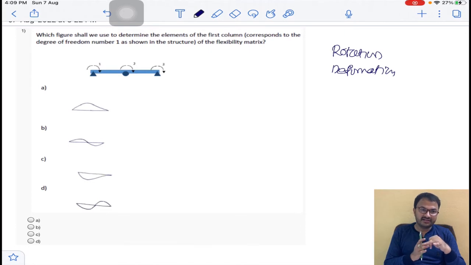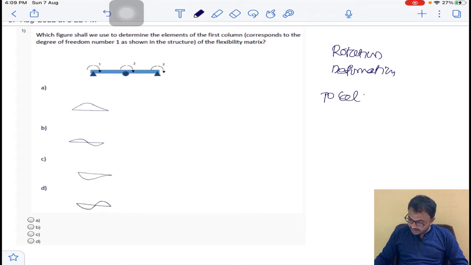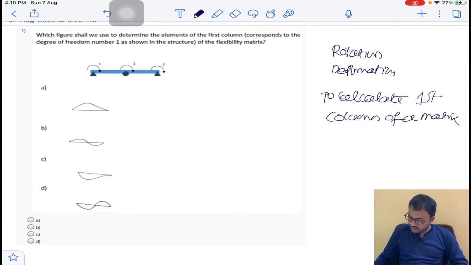And we need to calculate all the forces, moments or reactions developed at coordinate 1, coordinate 2, coordinate 3. So that is to calculate the first column of a matrix. The first column will become S11, S21, S31.